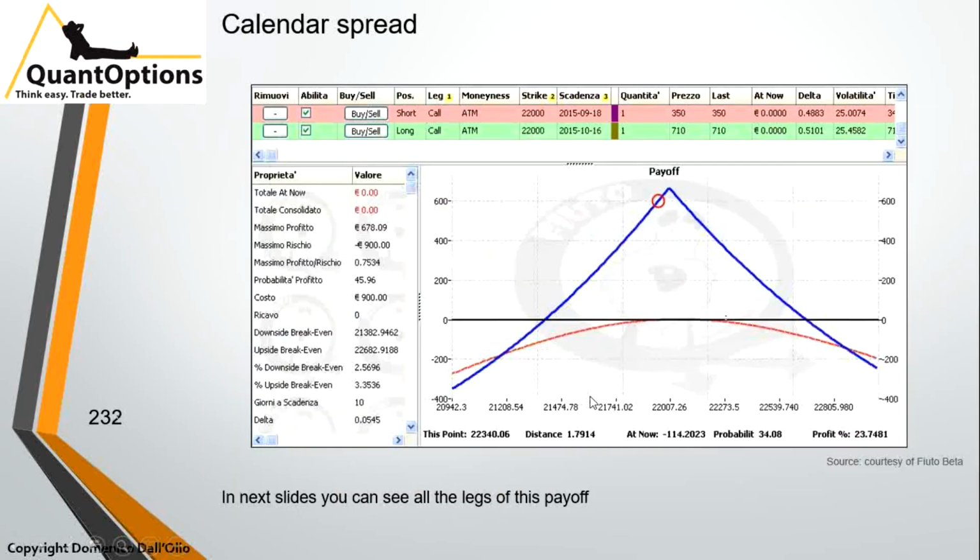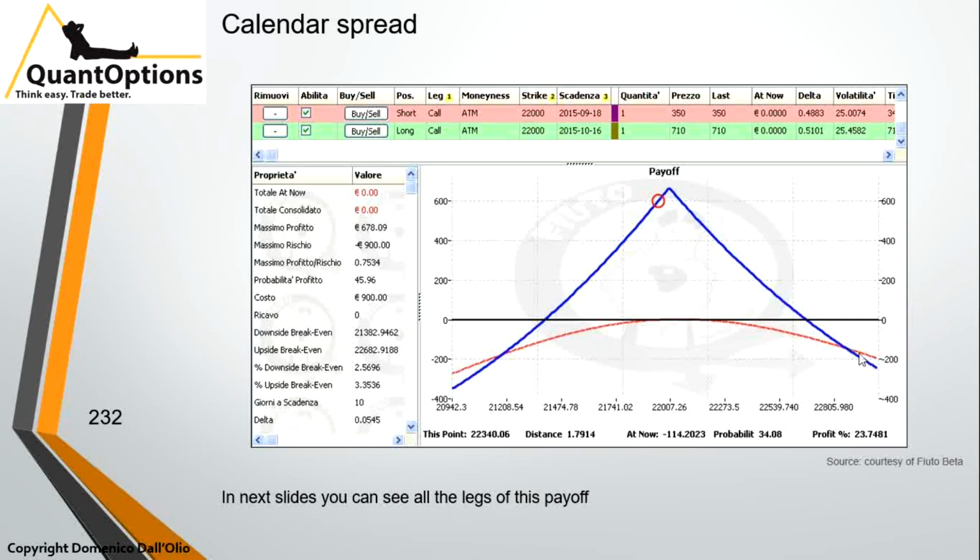One interesting thing with the calendar spread with respect to the short straddle, which looks very similar to this payoff, is that the short straddle has no maximum potential loss in the tails of the distribution. The calendar spread here is not shown, but I can tell you, goes away almost horizontally.